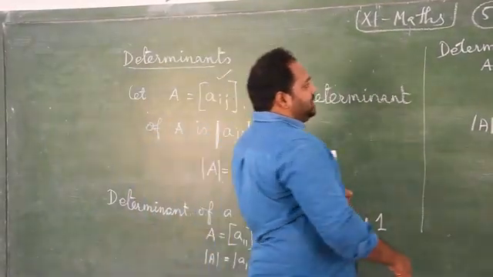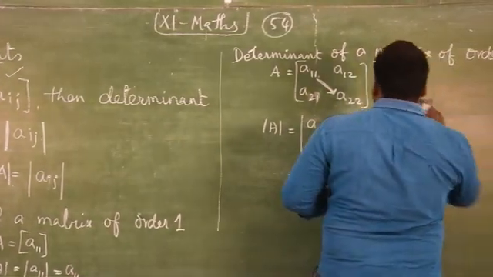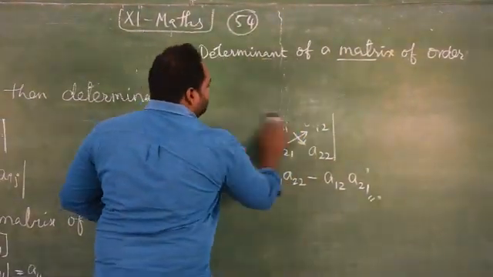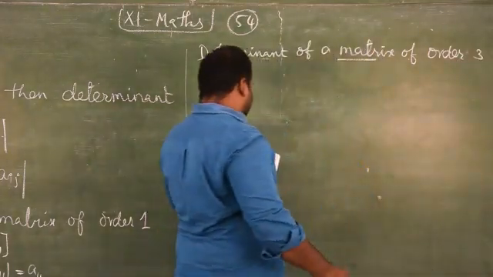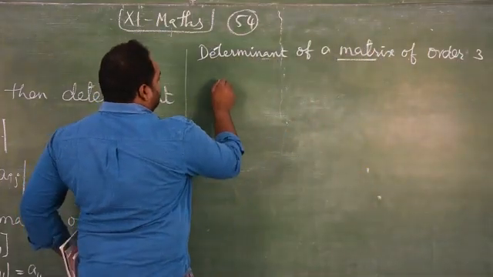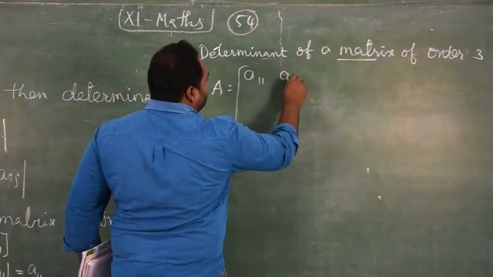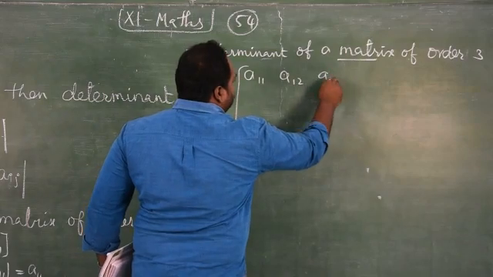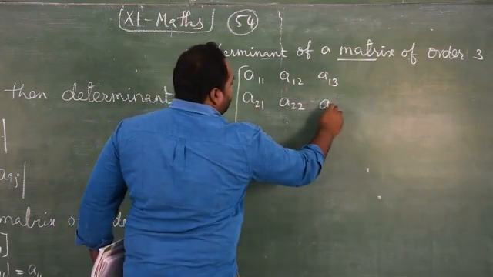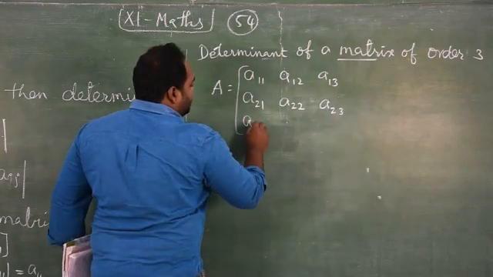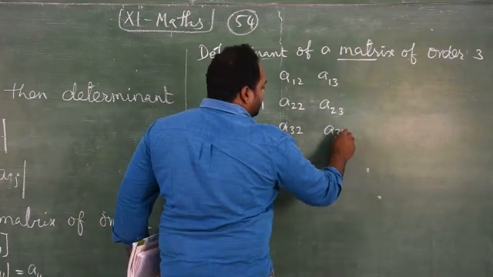Next, determinant of a matrix of order 3. This is very important. So we know matrix A equal to A11, A12, A13, A21, A22, A23, A31, A32, A33.